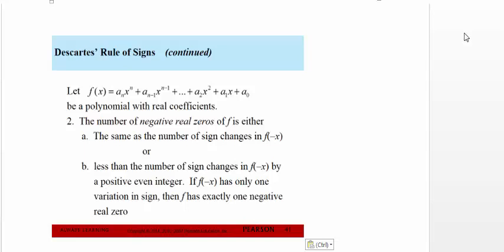The number of negative real zeros of f is either the same as the number of sign changes in f of negative x or less than the number of sign changes in f of negative x by a positive even integer. And then the special case, if f of negative x has only one variation in sign, then f has exactly one negative real zero.